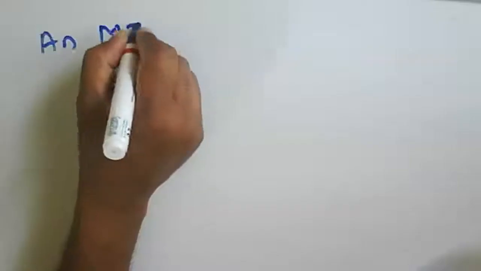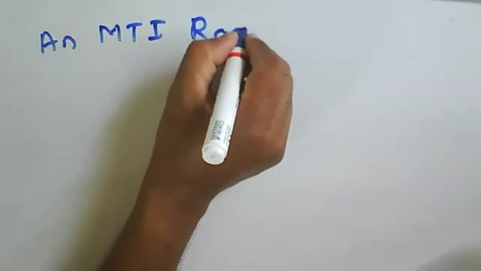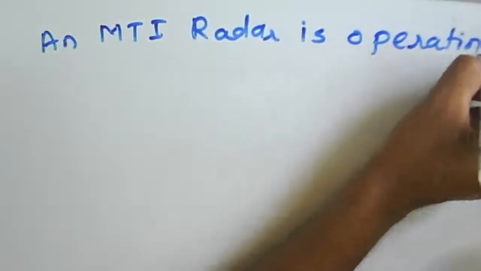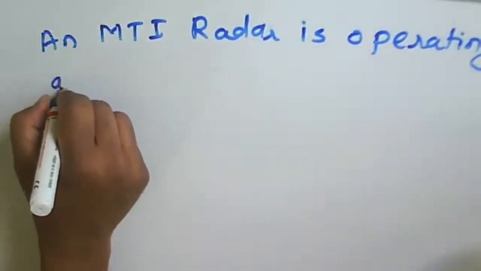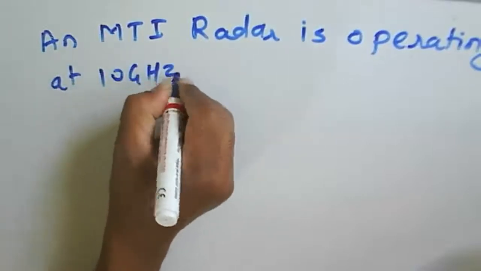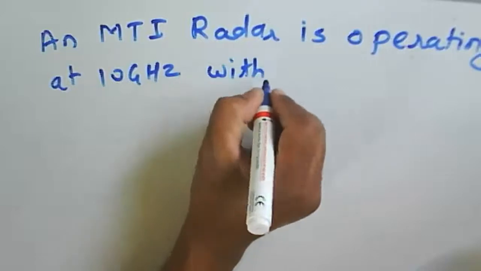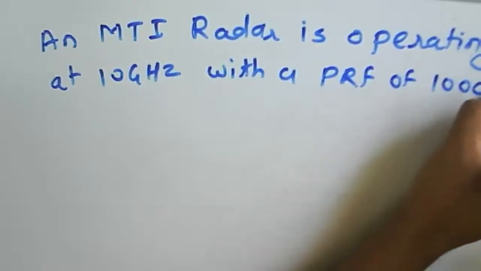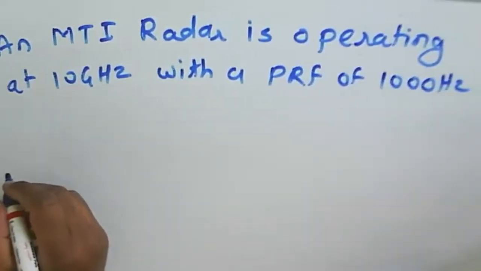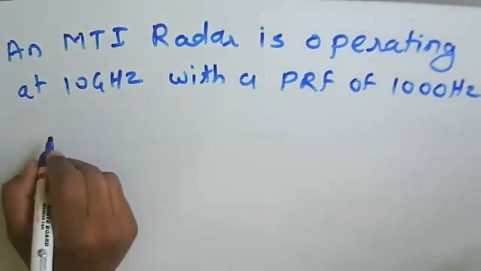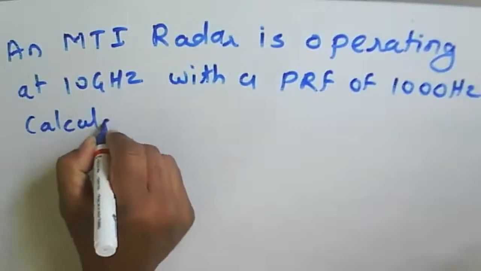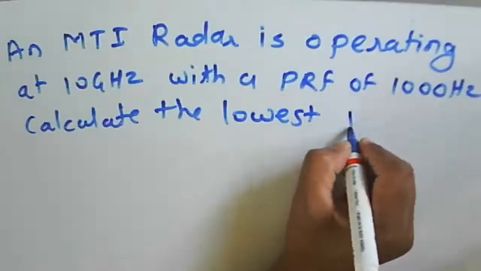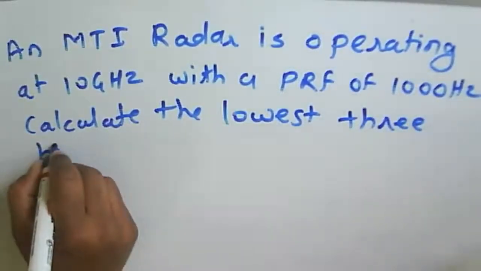An MTI radar is operating at 10 gigahertz with a PRF of 1000 hertz. Calculate the lowest 3 blind speeds.